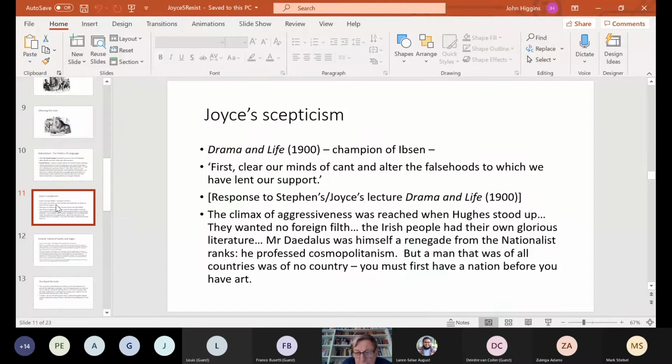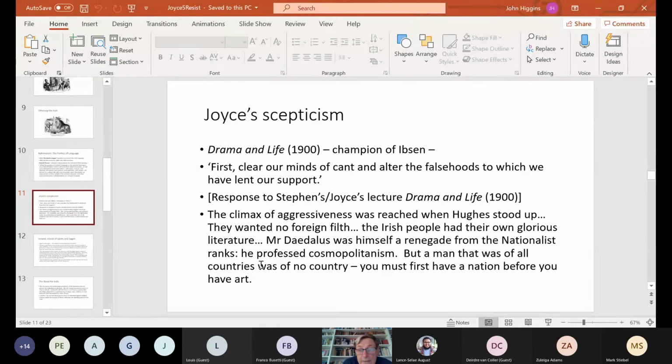The Irish people had their own glorious literature. Mr. Dedalus was himself a renegade from the nationalist ranks. He professed cosmopolitanism. But a man that was critical of his country was of no country. You must first have a nation to have art." I'm sorry, I can't read the end of the quotation, so you have to forgive me if they're a little wrong.